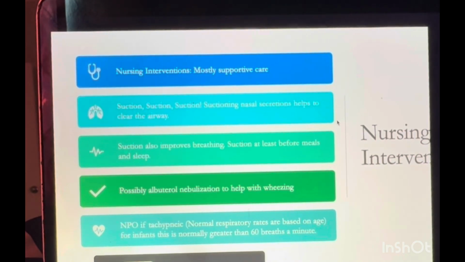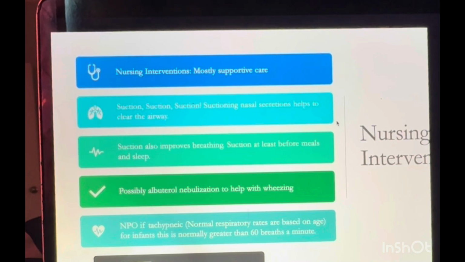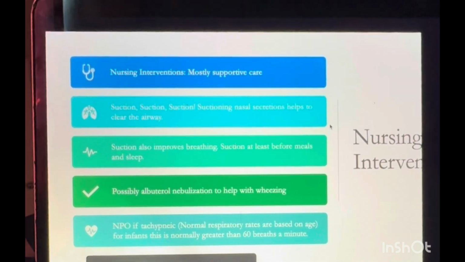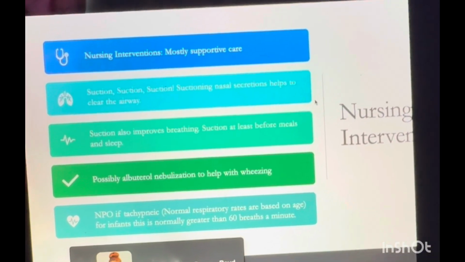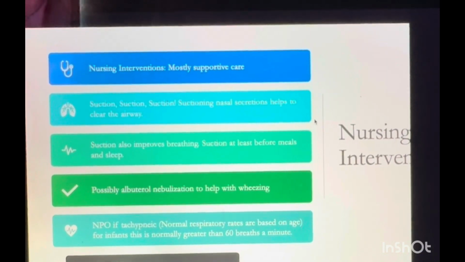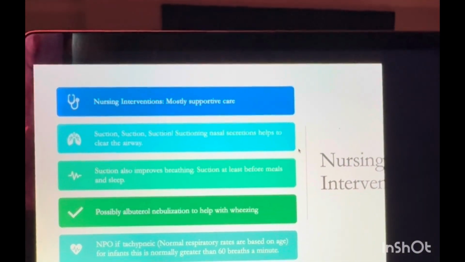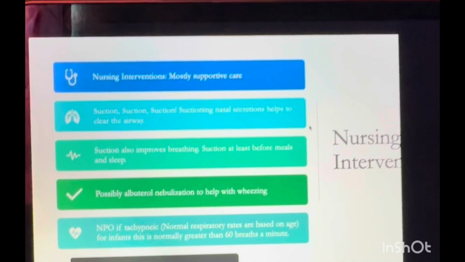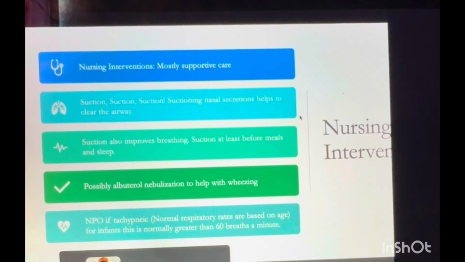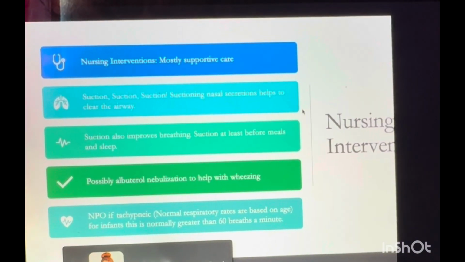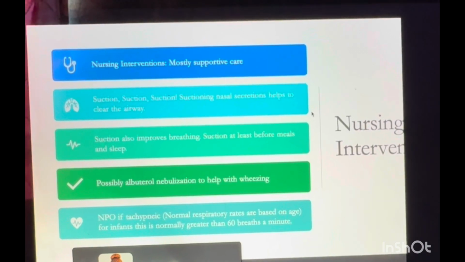So what I've seen more recently is them doing a trial of albuterol, but of course the physician will order that. Just so you know, sometimes you will see albuterol to help if the child is wheezing. When the airways become inflamed, sometimes you will hear the wheezing. And then if the wheezing occurs, a lot of times they'll do the albuterol. Sometimes they won't. They'll just have you suction and monitor the child and suction really well.